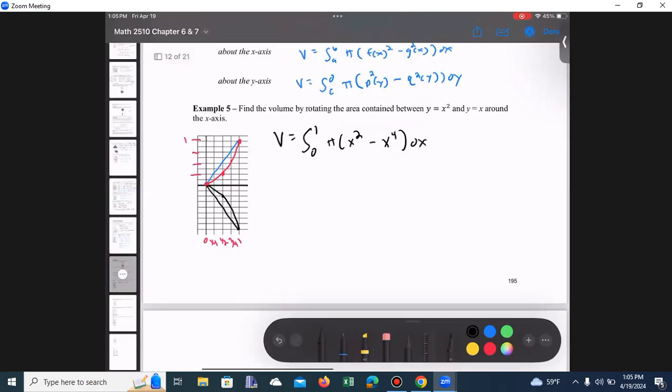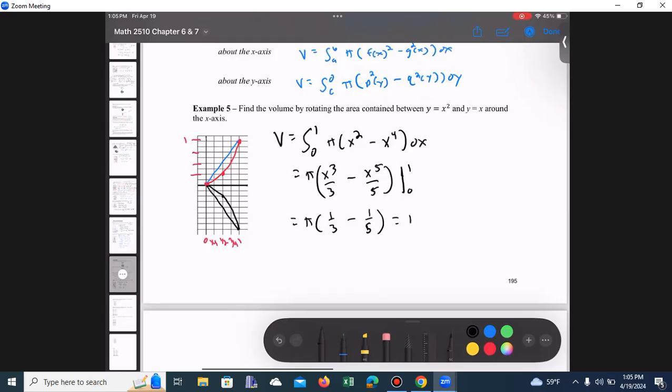So we'll integrate each of these. So pi times x cubed over 3 minus x to the fifth over 5, integrated from 0 to 1. 0 is not going to matter in this case, it's going to make everything 0. So we'll have pi times 1/3 minus 1/5. 1/3 is higher, so you get a positive number, which is what you really want.